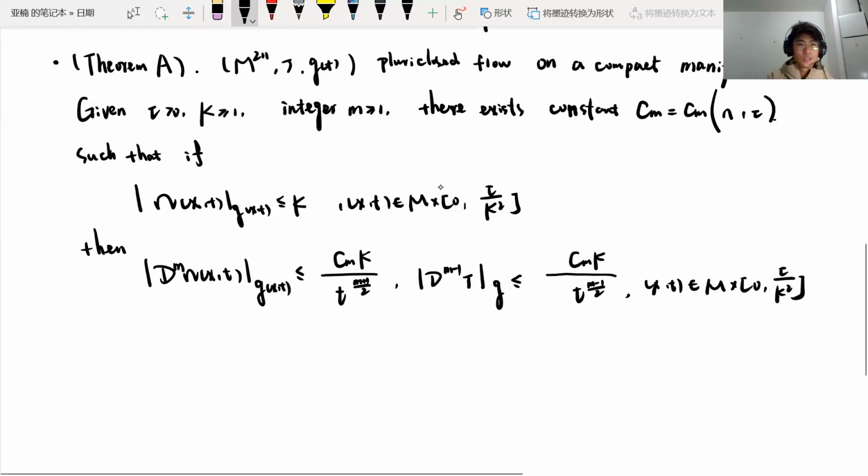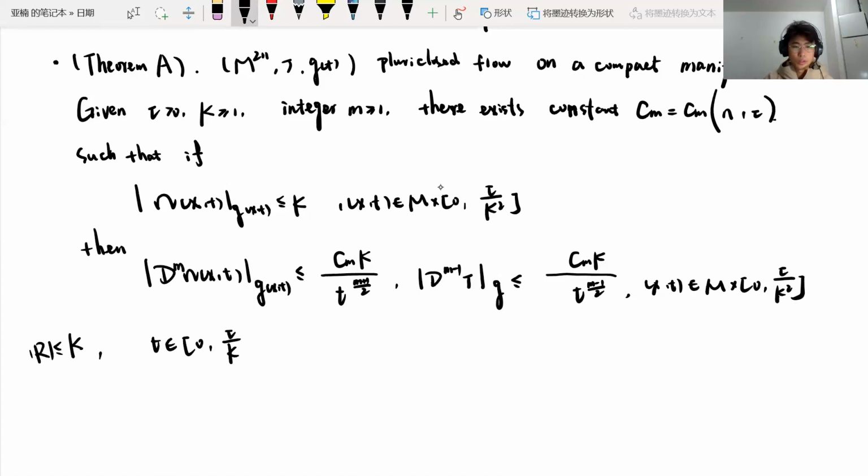In the classical results for Ricci flow, if the bound is K, then we can obtain the estimates in a time interval of length about K minus 1.